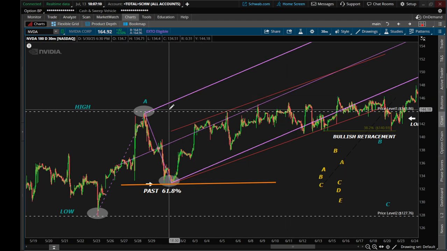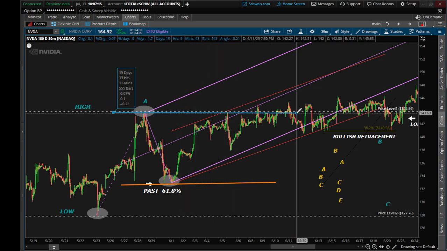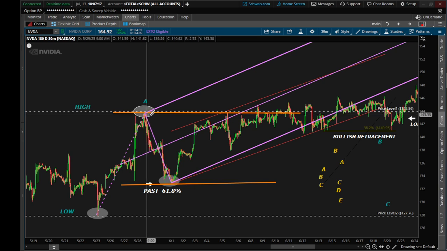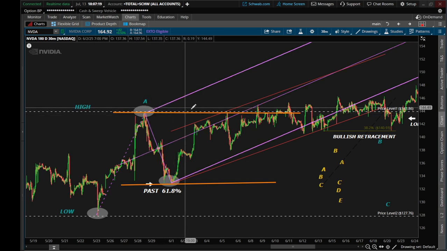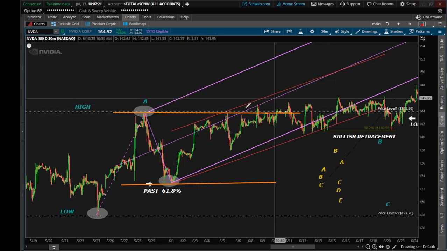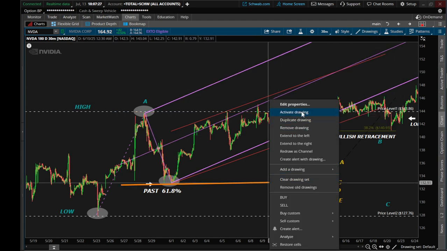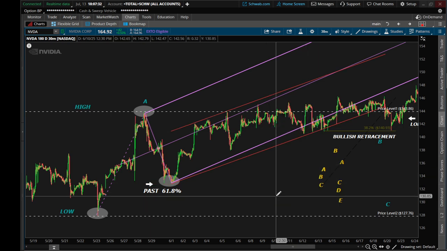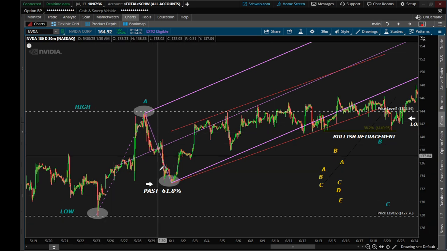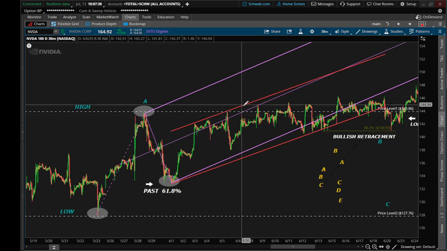And as long as we stay below or above this oval, that will also indicate that we're moving into another degree higher. But again, don't really have to worry too much about that. You just want to locate your 3 swings to get your pitchfork started.